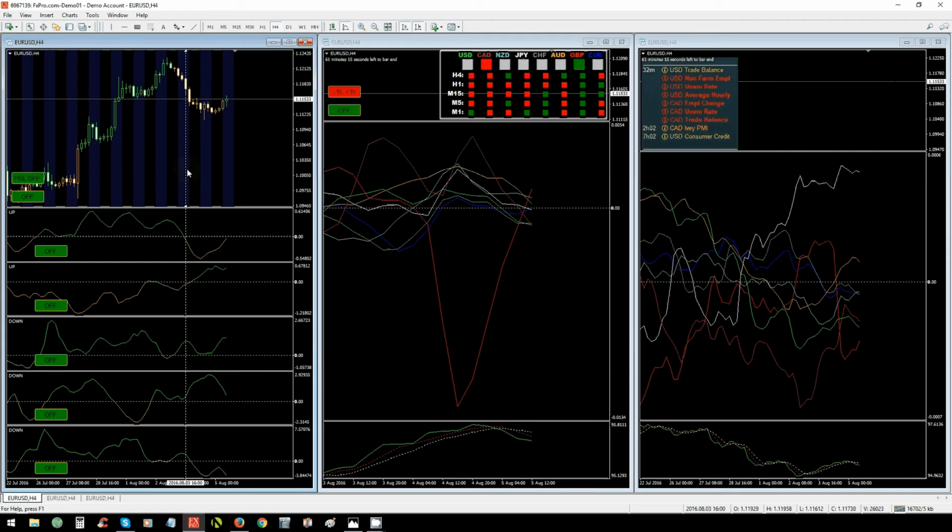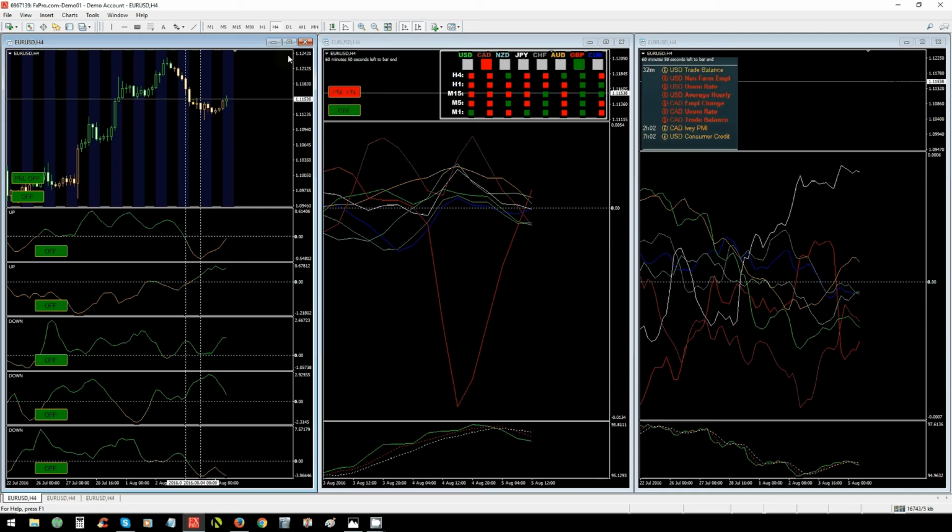Now if I move that line across to the bottom here, so that line is angled downwards and it's below 0, anything within that area, if it's in the blue period, is going to be a sell, and you would use a lower time frame to enter and exit or compound your entries.